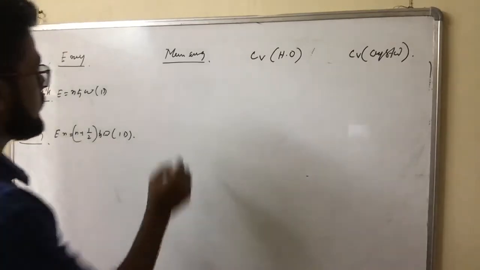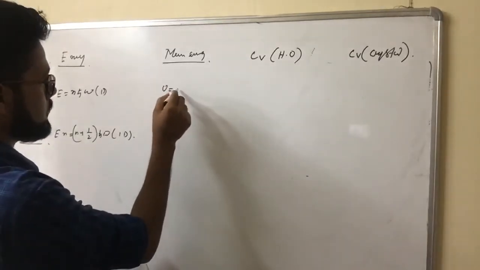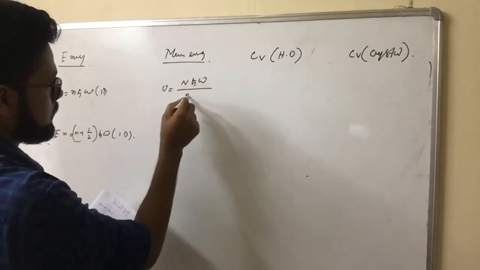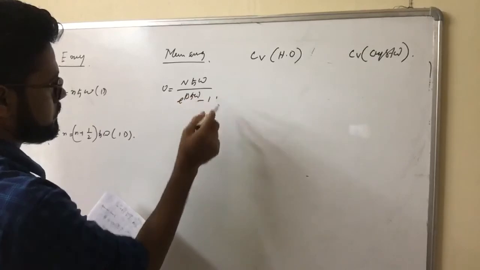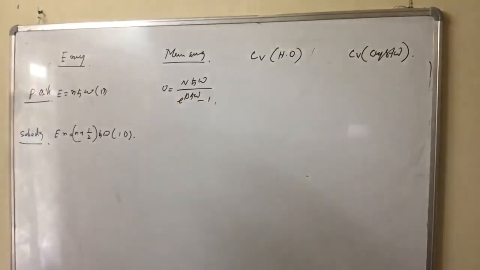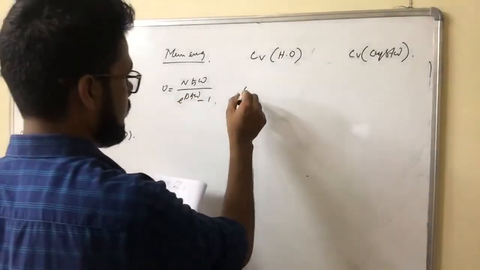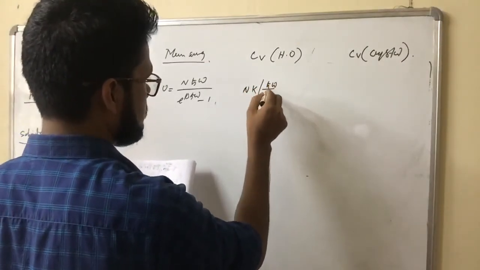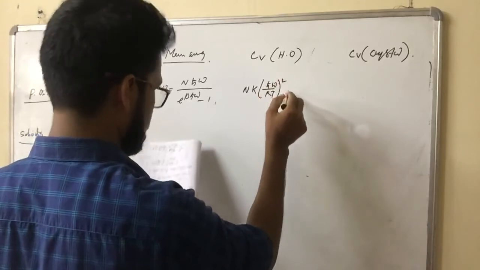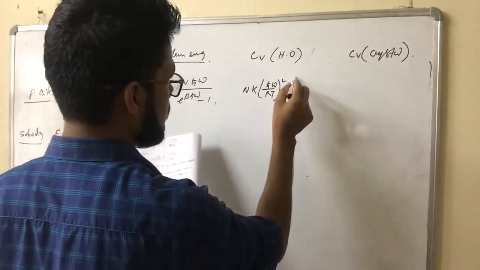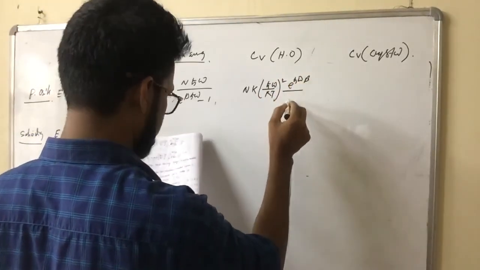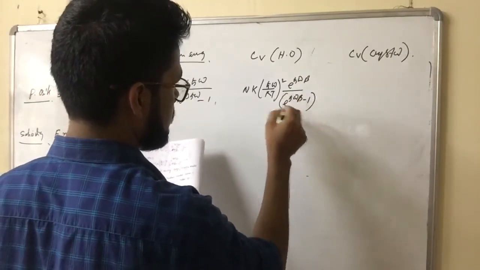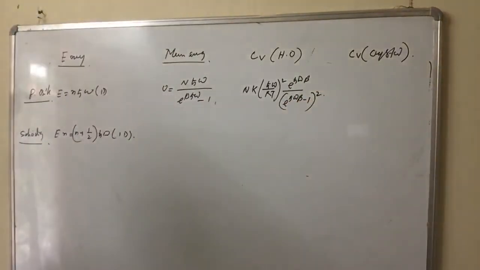In this case, the mean energy you will get is h cross omega divided by e to the power beta h cross omega minus 1. And specific heat in this case you will get is nk (h cross omega by kT) squared e to the power beta h cross omega divided by (e to the power beta h cross omega minus 1) squared.